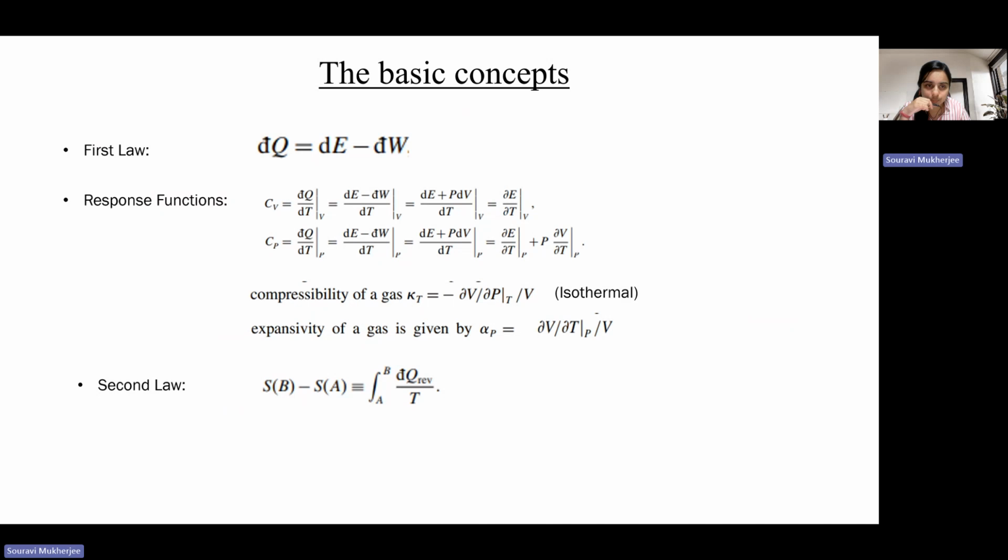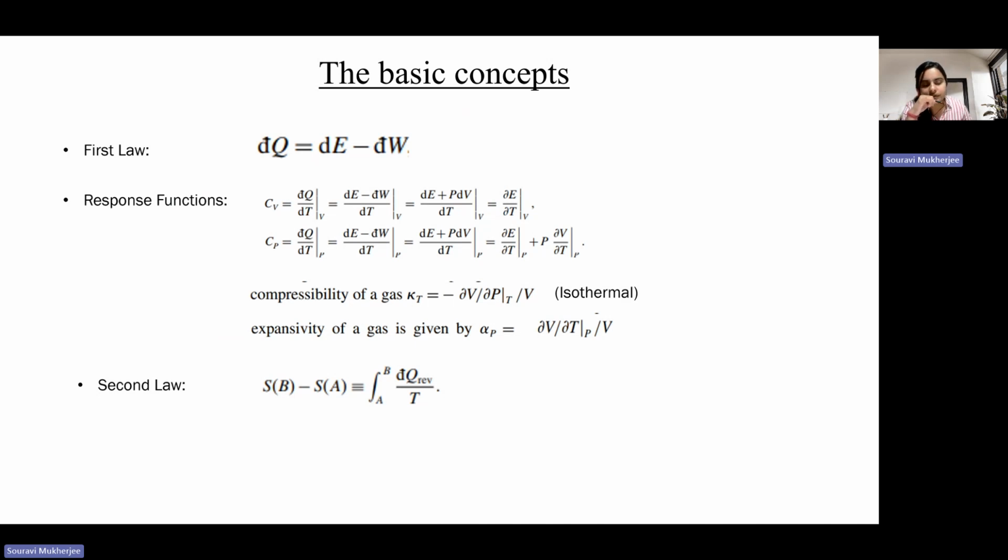And then we did discuss the different response functions, which talk about how your system responds under different conditions. So if you add a certain amount of heat, what is the temperature rise at constant volume? That is the specific heat at constant volume. Or this information of how much temperature rise is associated with how much heat increment, when the pressure remains constant, then it becomes specific heat at constant pressure.